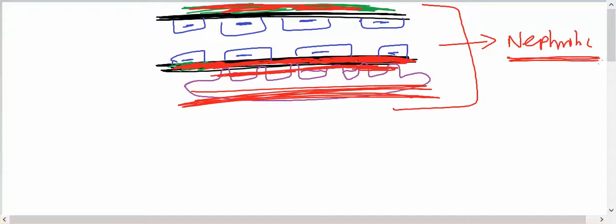And if there is inflammation, whether mild, moderate or severe, with proliferation, that will end up with hematuria and lead to nephritic syndrome. So if you say nephrotic syndrome, all the pathology will be related to structural changes.